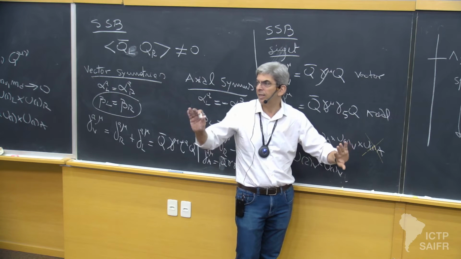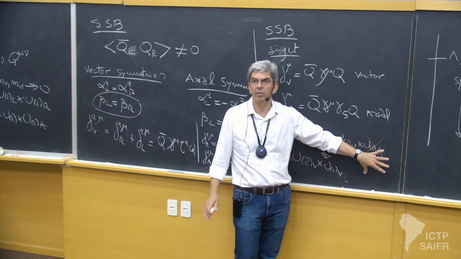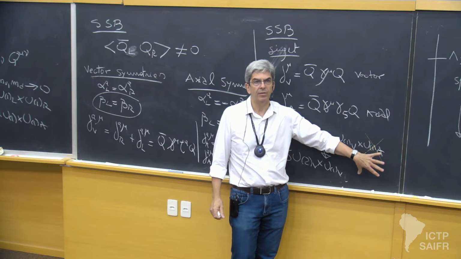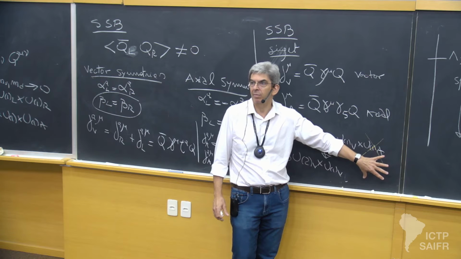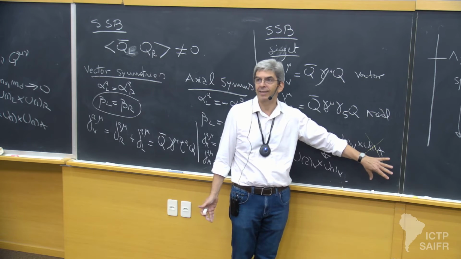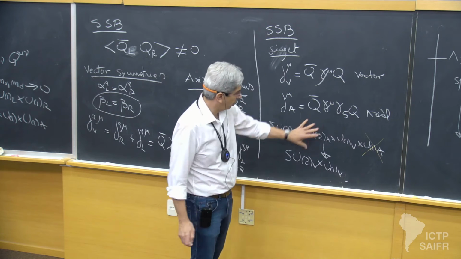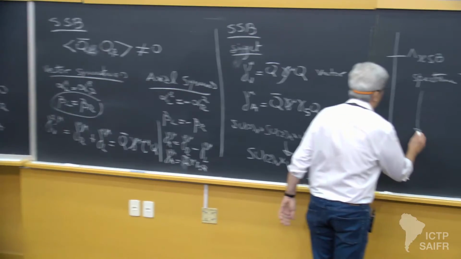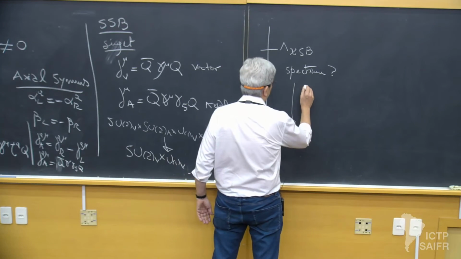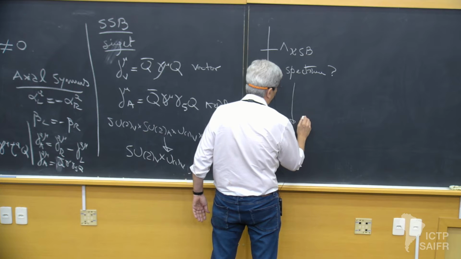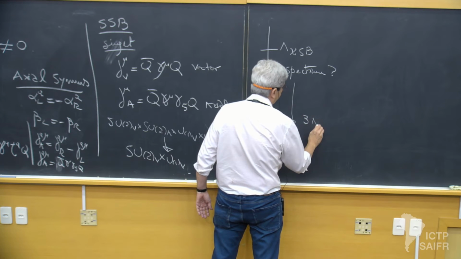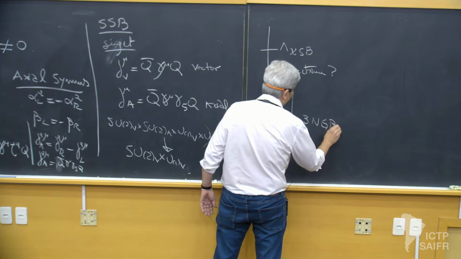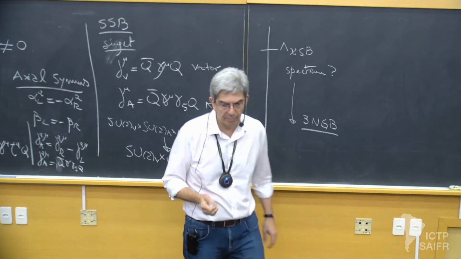We'll understand this later, which is the anomaly in the U1 axial. This particle has the mass of the proton, for example, so it's not really that light. So the U1 is anomalous, so no Nambu-Goldstone boson in the spectrum. We are supposed to have 3 Nambu-Goldstone bosons.